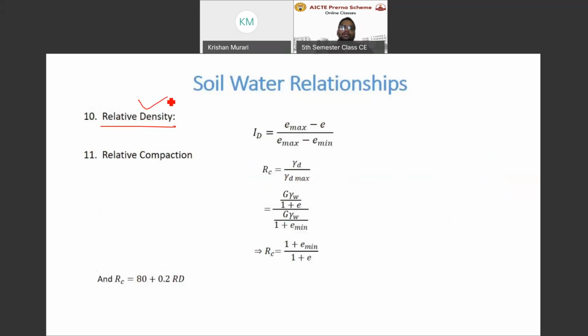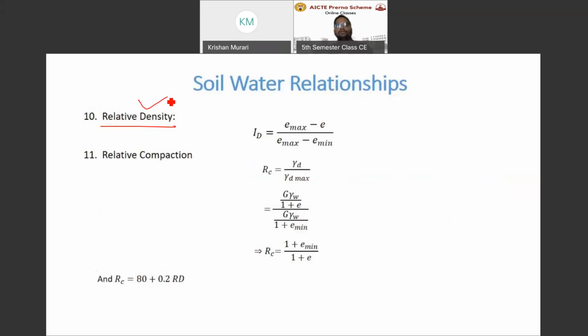If I discuss the three conditions of a particular soil, first is the natural condition, whenever no compaction is there and no expansion is there. So we consider soil in three conditions. First is the natural condition. Second is Emax. Emax means the loosest state.